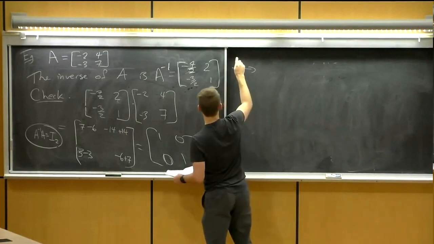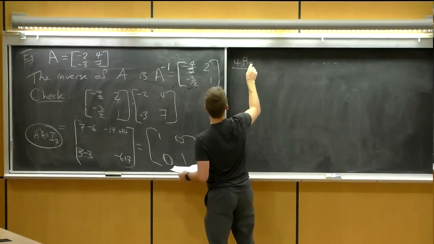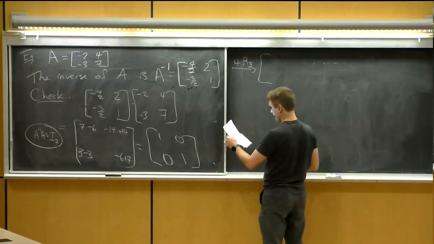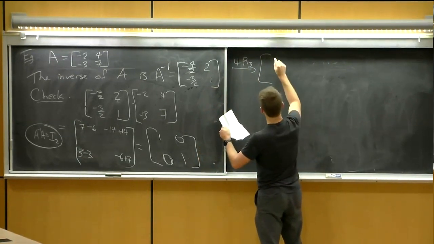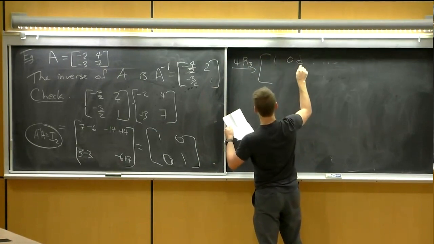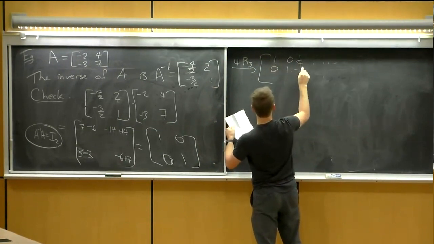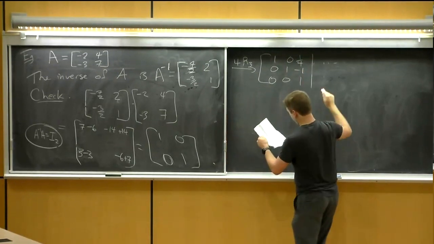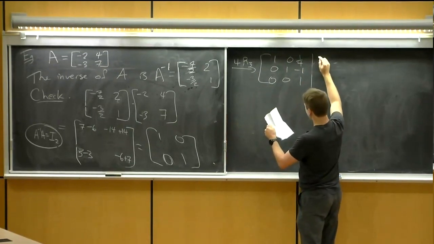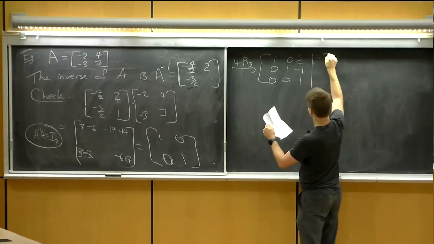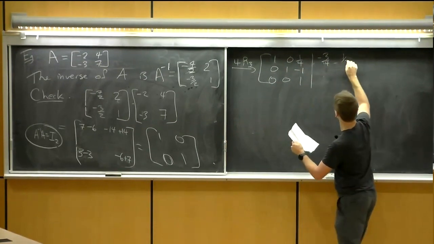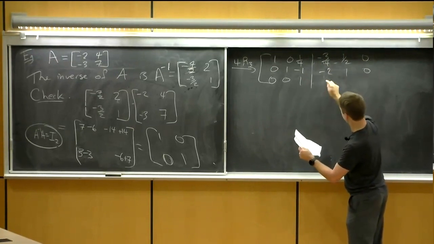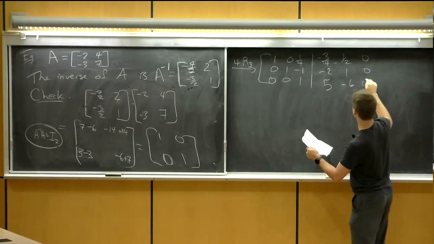But that's a good point. So 1, 0, 1/4, 0, 1, -1, 0, 0, 1. 0, -2, 1, 0, 5, -6, 4.